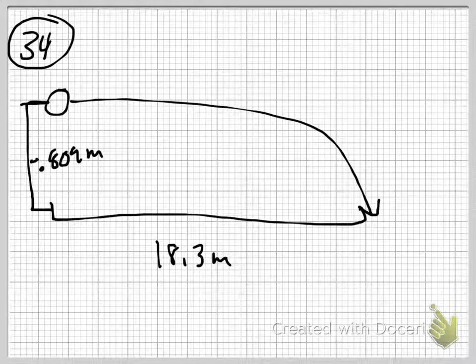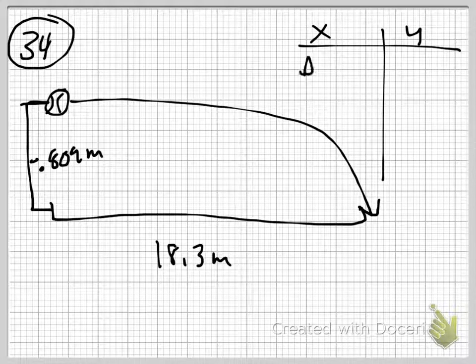So that would be a negative displacement. There's our little baseball. So we can do our x and our y. Delta x, delta y. In this case, VIY equals what?